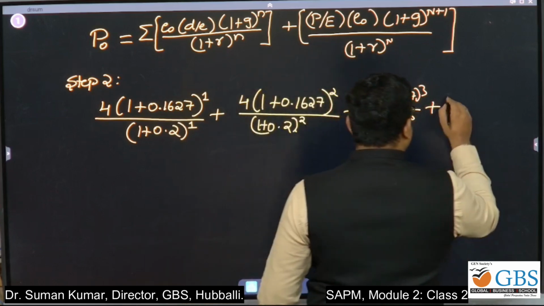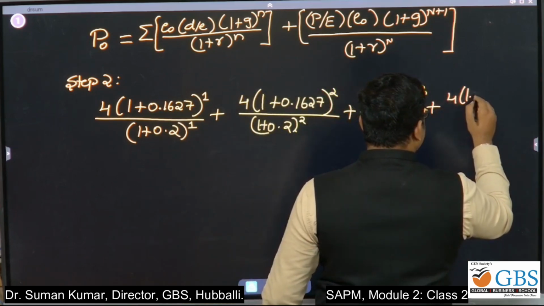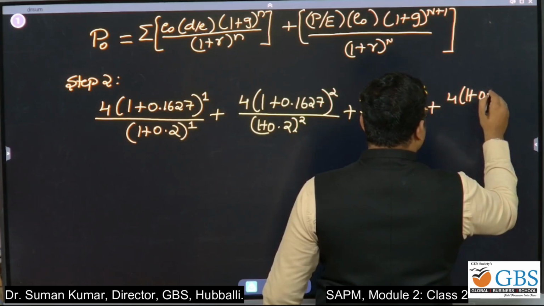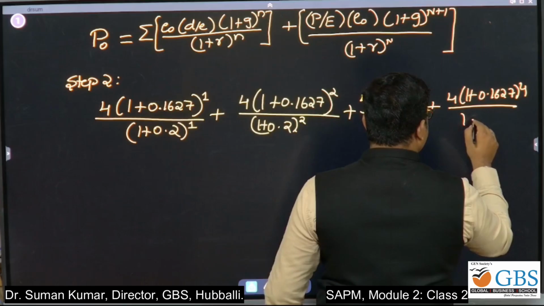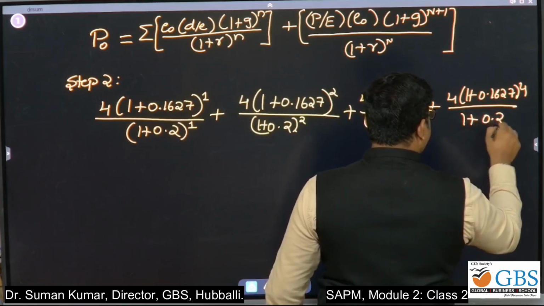Last one, 4 into 1 plus 0.1627 raised to 4 divided by 1 plus 0.2 raised to 4.